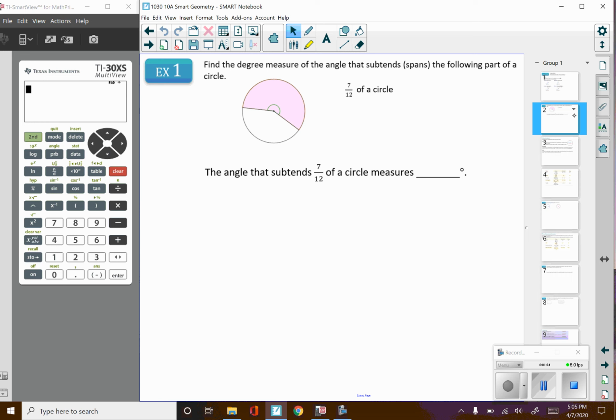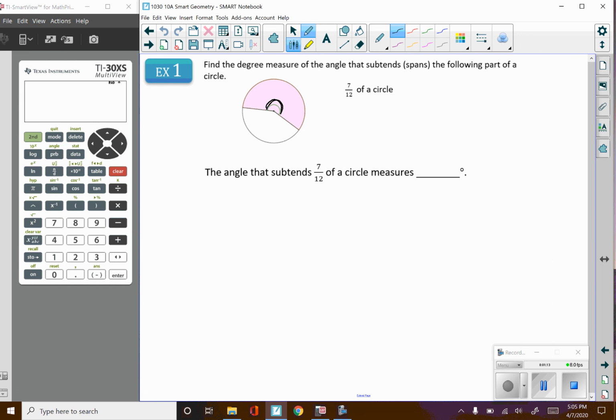So this first example from lesson 10A is that we want to find the degree measure of this angle. We want to know how big it is for this portion of the circle. And we know that the shaded portion of the circle is 7/12 of the circle. So we're going to calculate that angle by taking that fraction, 7/12, and multiplying it by the angle measure of a full circle.